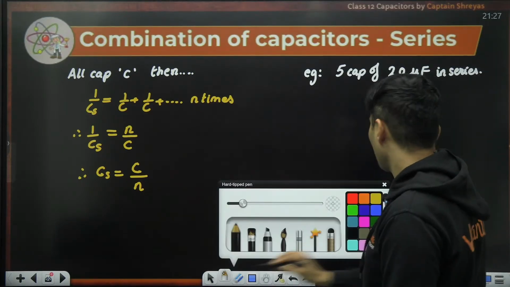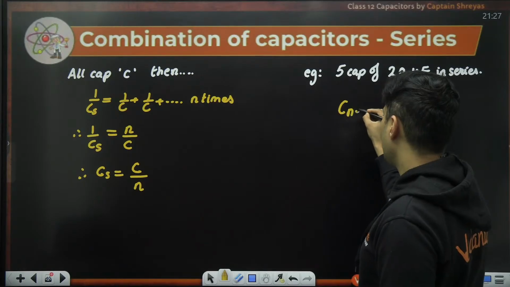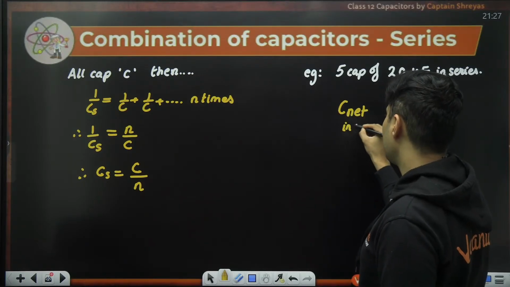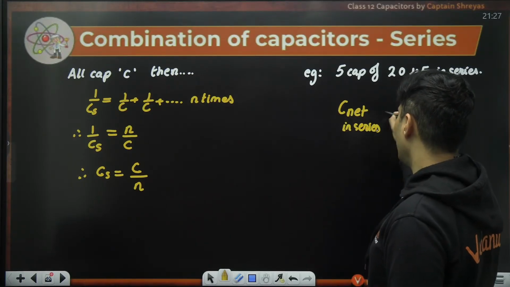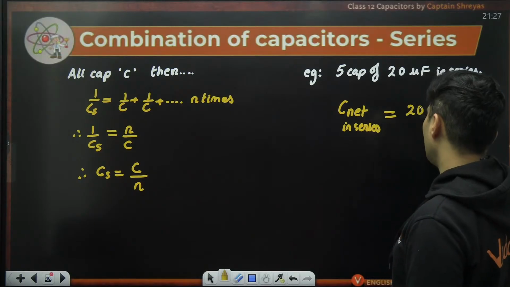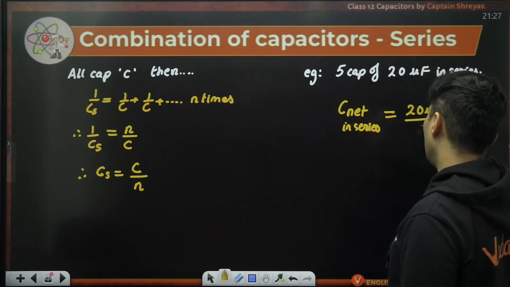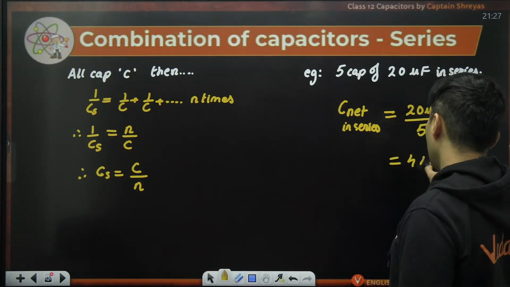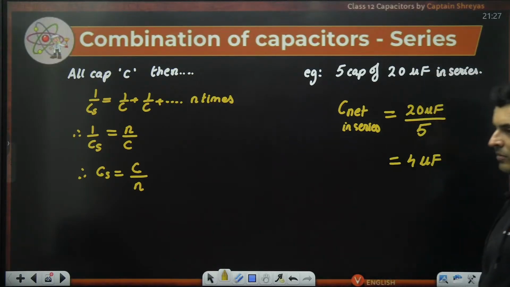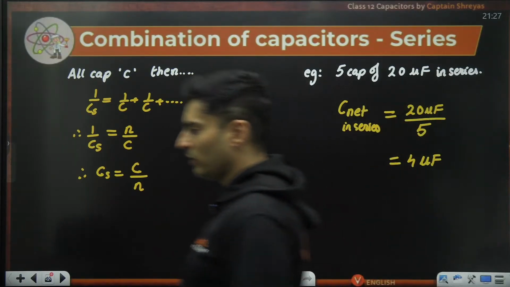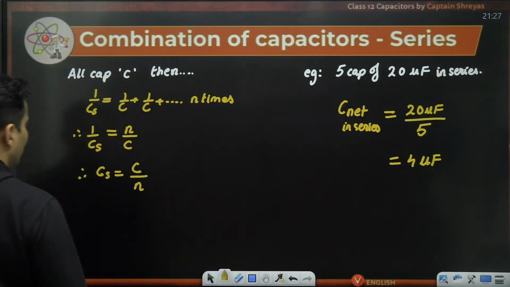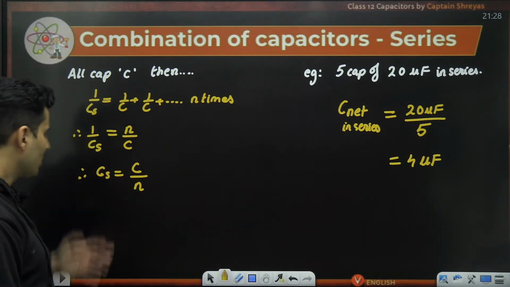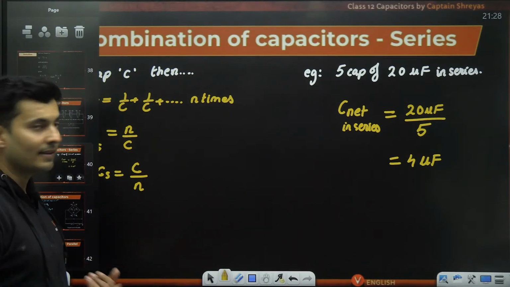Just think about it. You take any one capacitance, which is 20 microfarad, and divide it by the number of capacitors. So that will be nothing but 4 microfarad. Absolutely clear. So it gets divided in series.